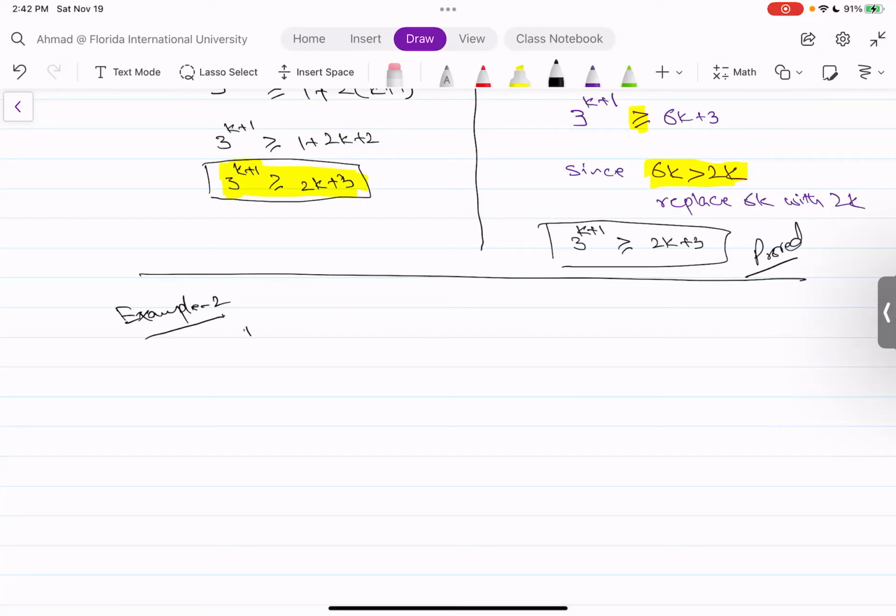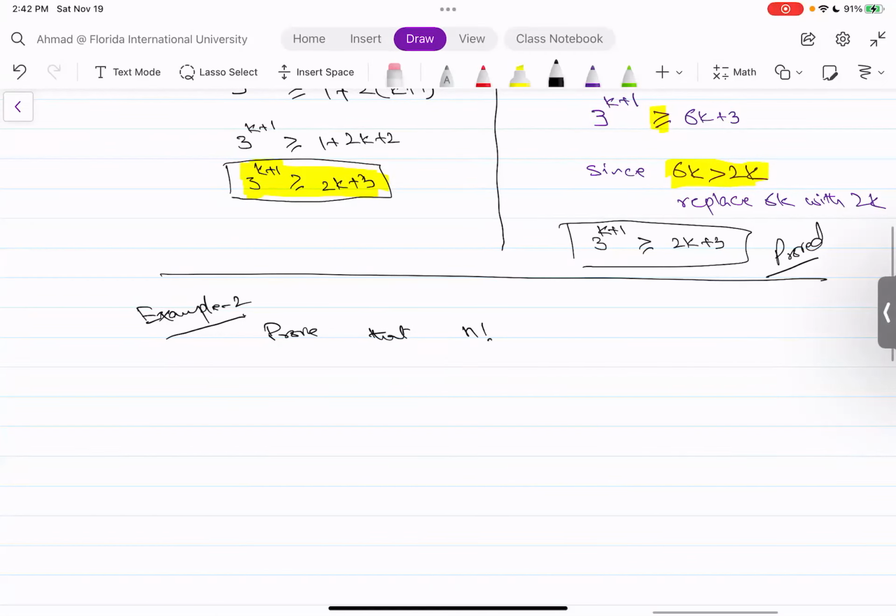It says that n factorial is greater than 2 to the power of n for all n values greater than or equal to 4. So prove that this is true for all n greater than or equal to 4.